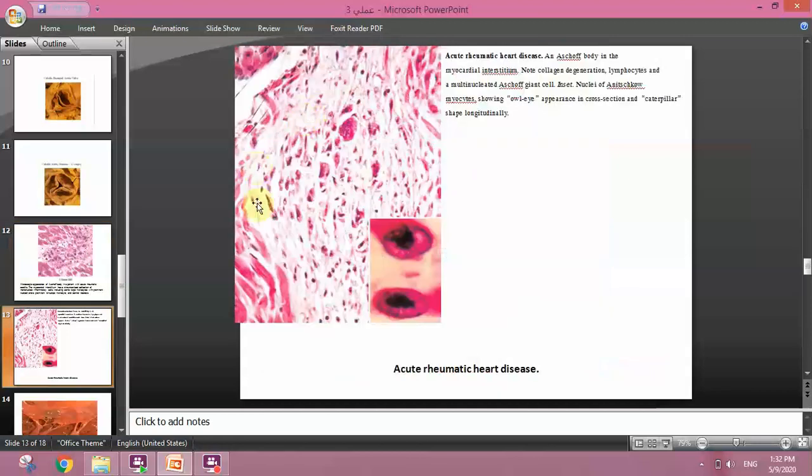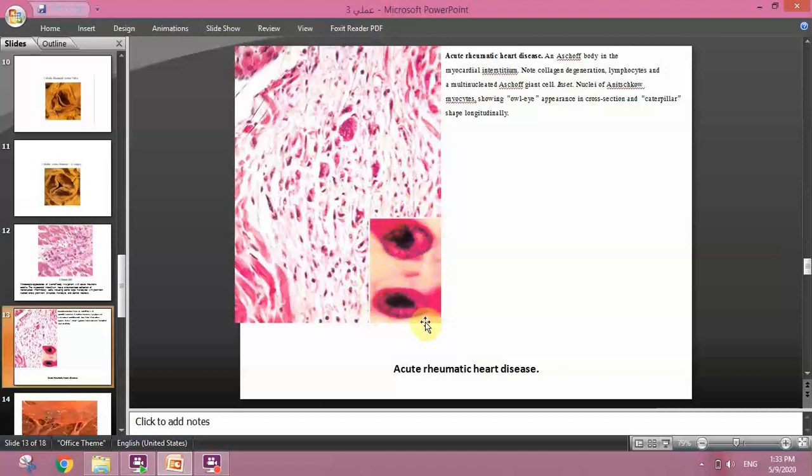This is another histological picture of an Aschoff body. The large cells are macrophages, the small cells are lymphocytes, and the plasma cell has an eccentric nucleus. This picture shows Anitschkow cells. As we said, in cross section the Anitschkow cell nucleus looks like an owl eye, while in longitudinal section it appears as a caterpillar nucleus.